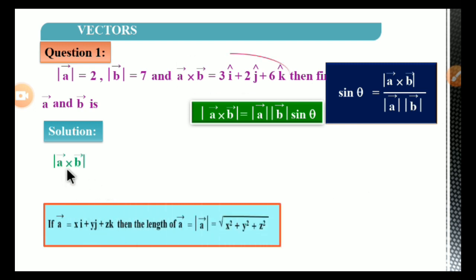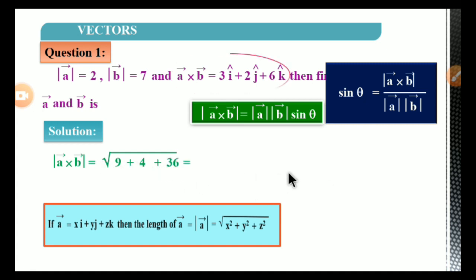So magnitude of A cross B, here we have to find out magnitude of A cross B. A cross B is already given. The magnitude will be square root of 3 square plus 2 square plus 6 square. So this gives 9 plus 4 plus 36.